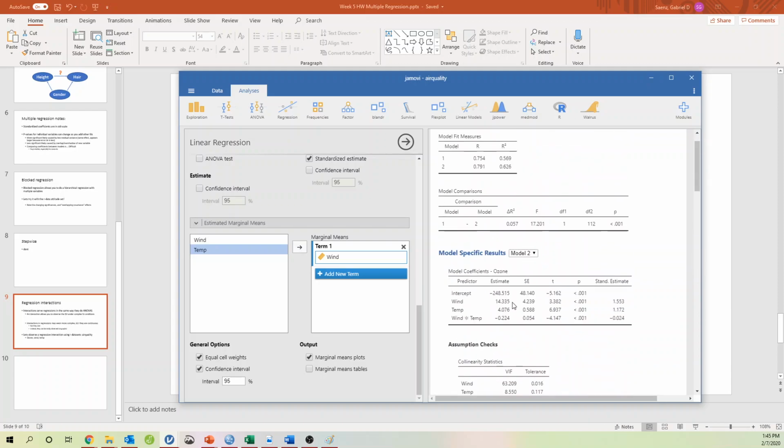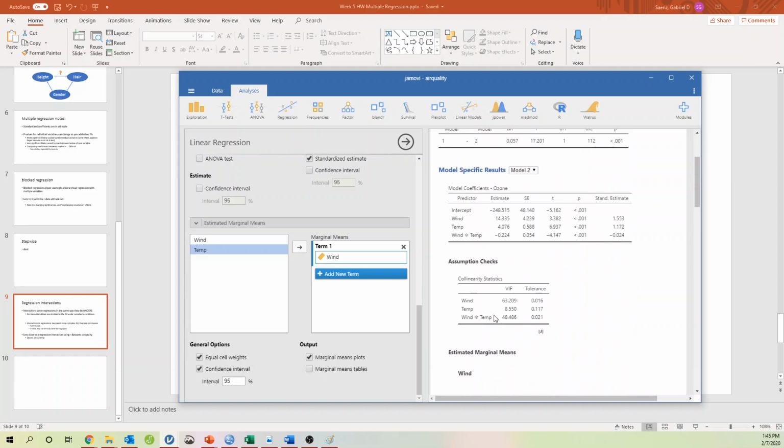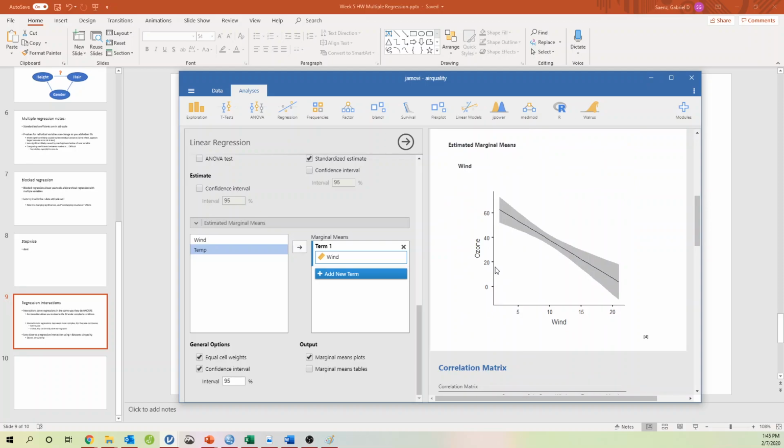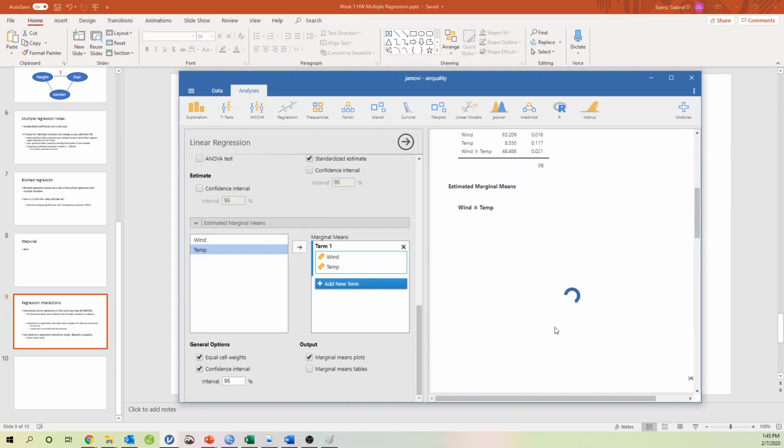You can double check that here with the estimate. Wait a second, did I just say that wrong? As wind increases, ozone should decrease. Why is this 14? Well, let's see if adding in the temperature variable will explain this better. There we go. That explains things better.